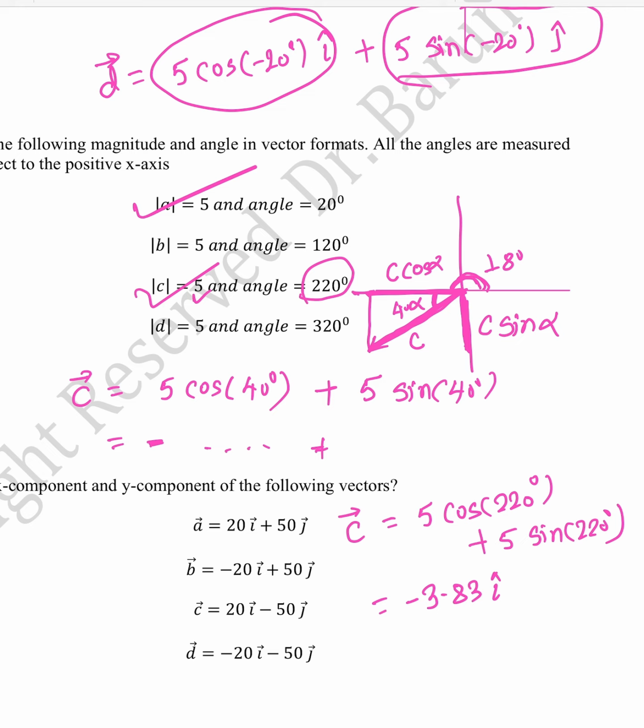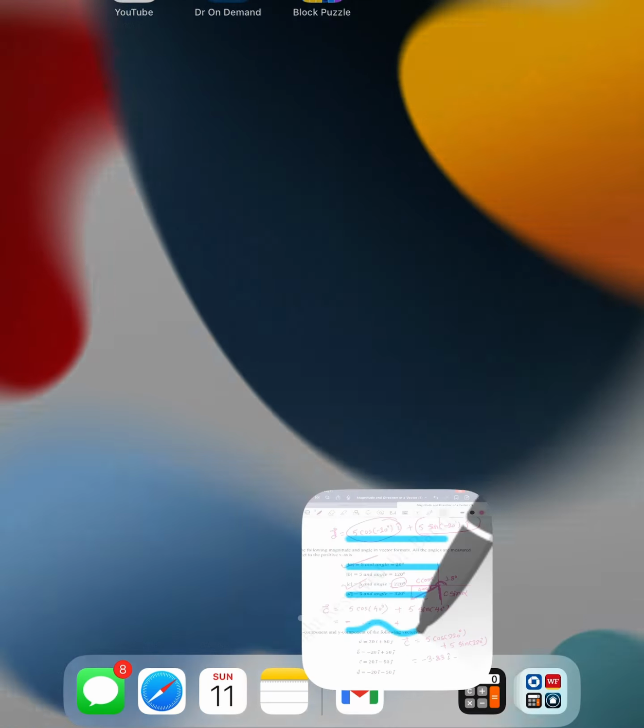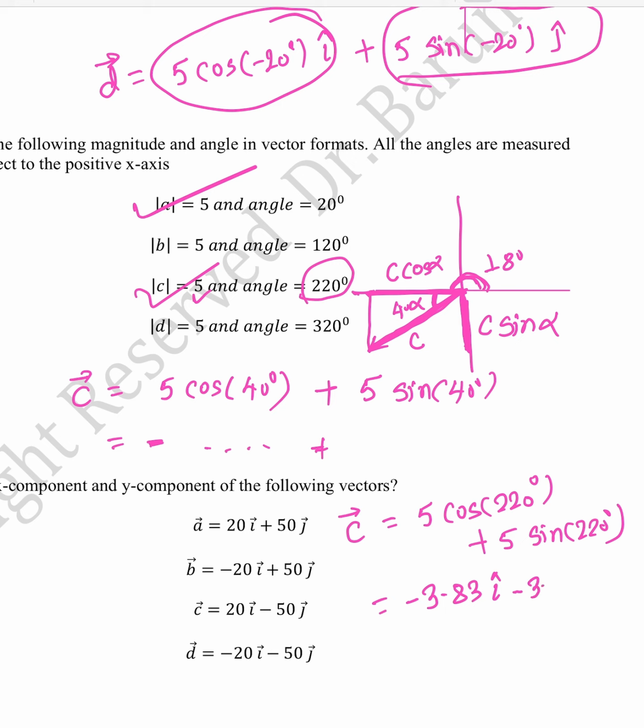You can also write it as the x vector. And 5 sine 220, so 5 times sine 220, and I'm getting negative 3.21. So negative 3.21 j vector, and that's how you find the vector here.